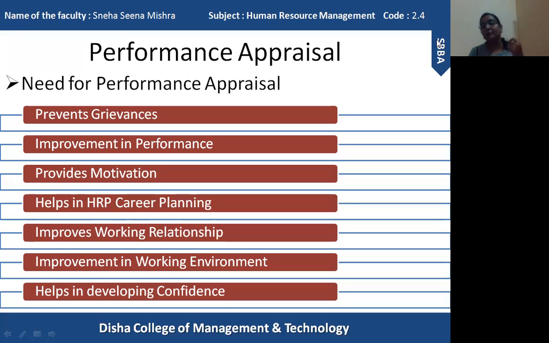So your confidence will be enhanced to continue the things that you're doing correctly and focus on those elements which you're doing wrong so that they can become better, so that you can stop making any kind of mistakes. So it provides some kind of confidence within the employees after getting proper feedback on their performance. Okay, so these are the various reasons due to which every organization requires performance appraisal.